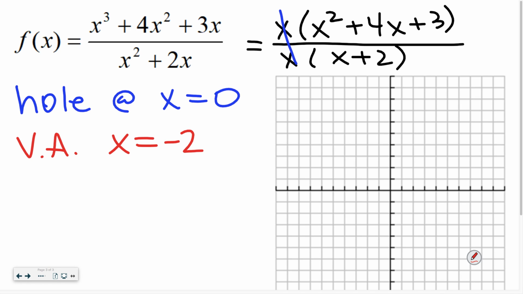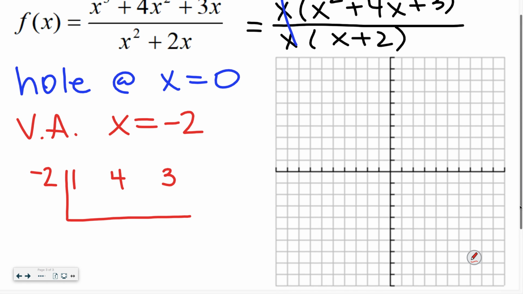Okay? And then, because our degree of the numerator is larger than the denominator, we have a slant asymptote, and we need to perform that division. So x squared plus 4x plus 3 divided by x plus 2. This is a big reason why this is in this chapter, because of the division piece of our polynomials. Yes? So the hole is at 0 because it comes without the x.